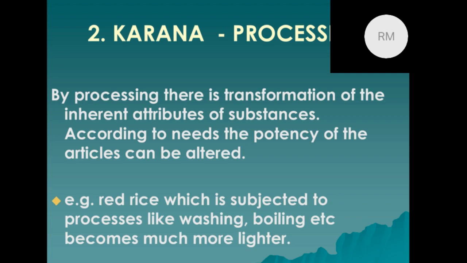If you keep heating oil, then trans fats are created and it becomes harmful. When it is not processed, then it's better. But some foods are bad when you eat them raw, but they become good when you cook them, and vice versa. So processing plays a very important role.